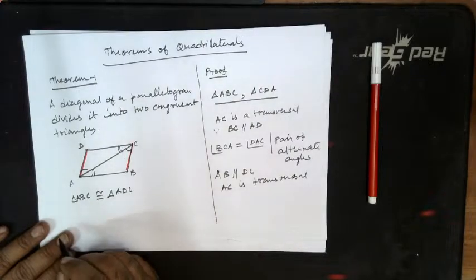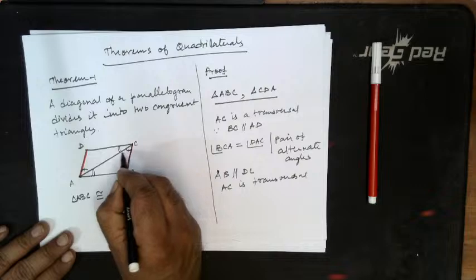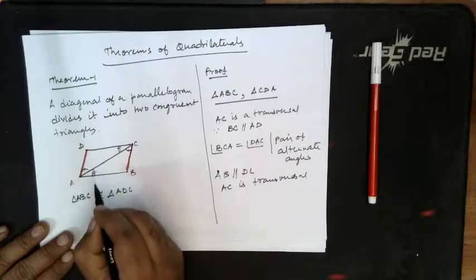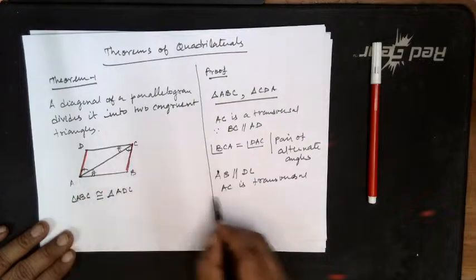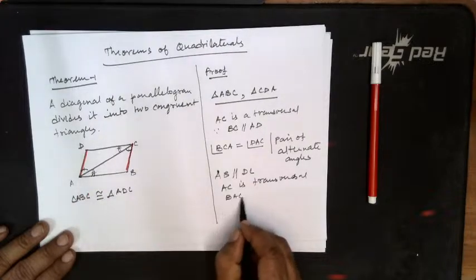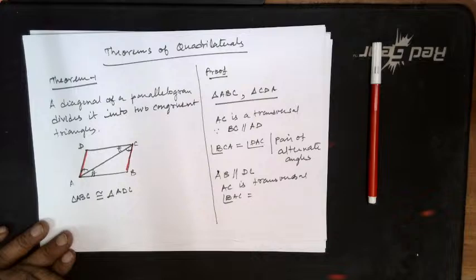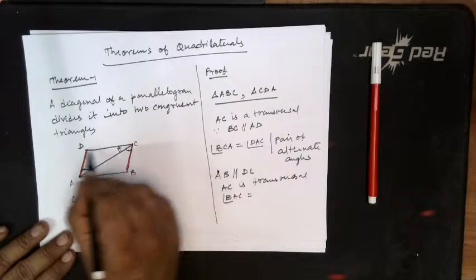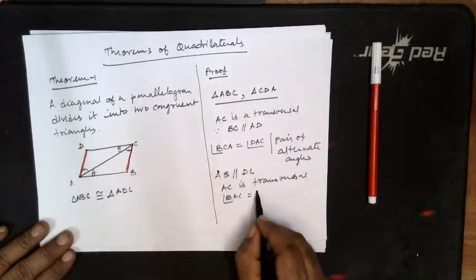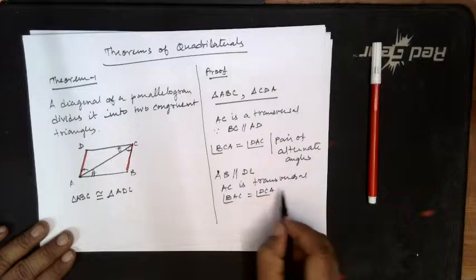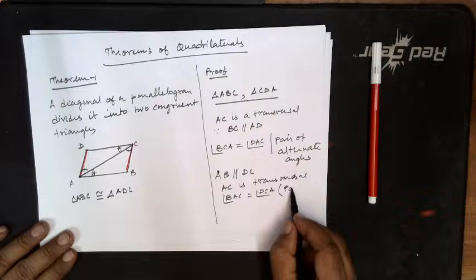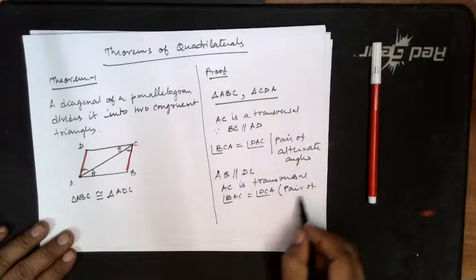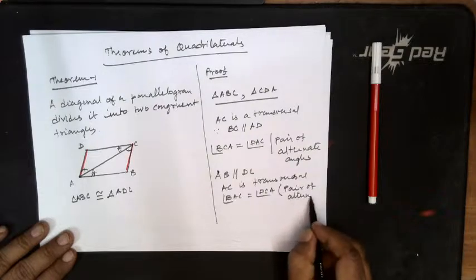Are you able to follow? So these two are equal, these two are equal, right? So BAC is equal to angle DCA. Why? Again pair of alternate angles, right?